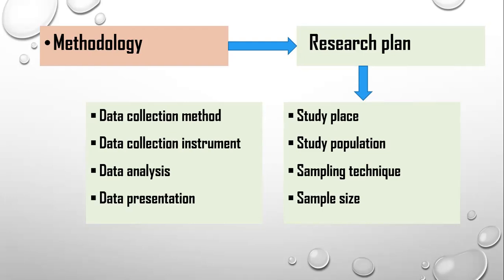And each and every step is very important for good conduct of the research work, and it indicates to the researcher what steps he should adopt in the methodology section to come to a good outcome.